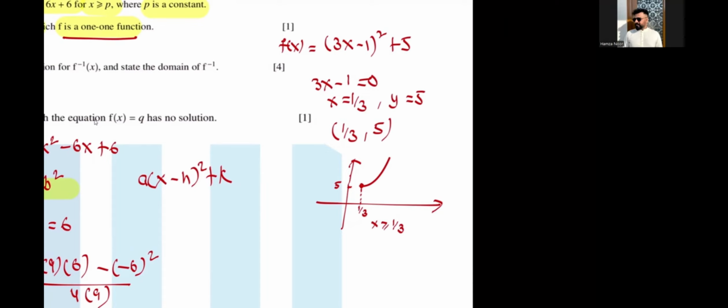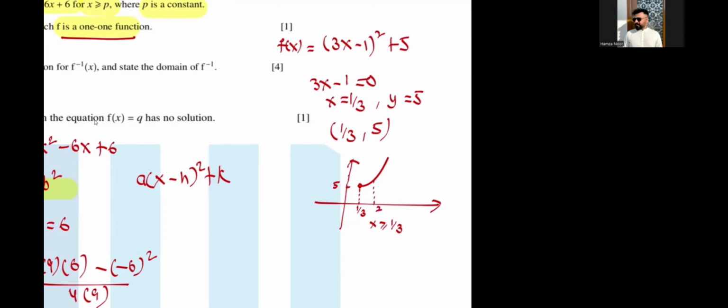Let's say I take the value x = 2 over here. If I say that x ≥ 2, then yes, it would be a one-to-one function, but this would not be the smallest value of p. We need to give the smallest value of p for which f is a one-to-one function.